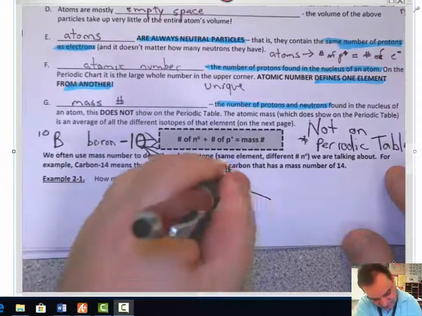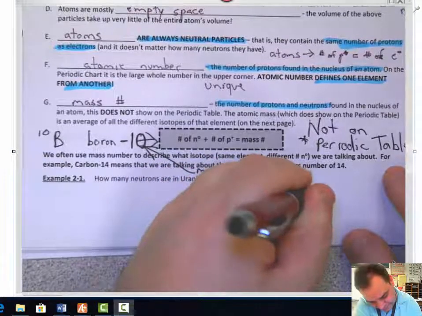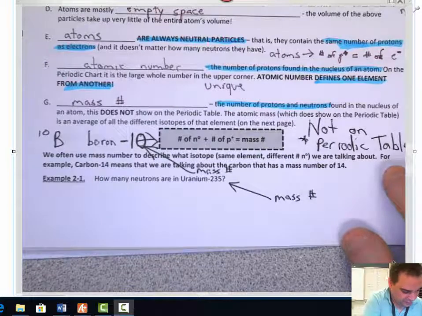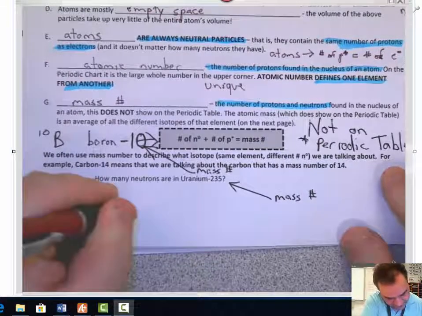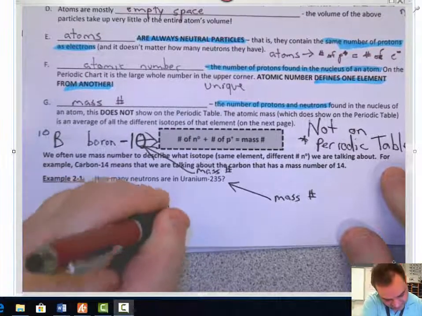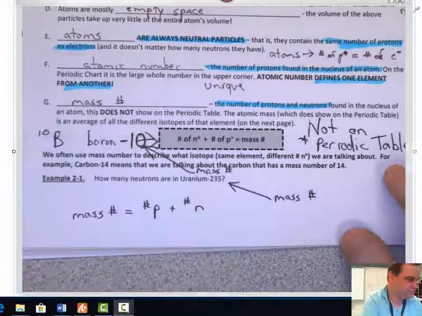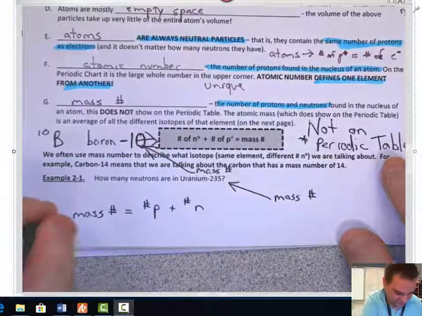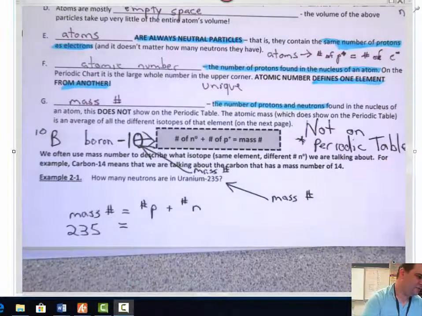How many neutrons are in uranium-235? Well, you see this 235 right here? That is the mass number. I know that mass number equals the number of protons plus the number of neutrons. So I know that this is 235. How do I figure out the number of protons?